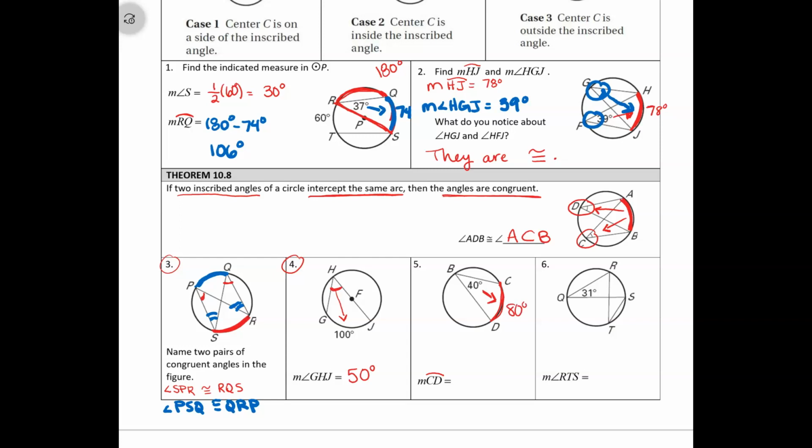So that's going to be 80 degrees. And last, question 6. Find the measure of angle RTS. Please note that RTS is intercepting the arc RS, but so is this angle here. Therefore, the measure of RTS is 31 degrees.